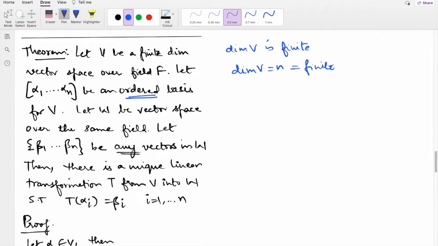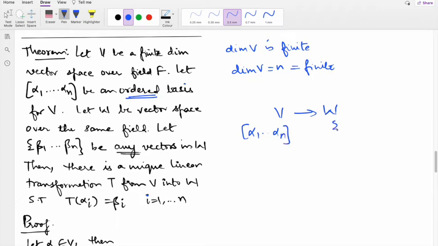Then my claim is that there is a unique linear transformation T which goes from V to W such that T of alpha i is equal to beta i. So what I'm saying here is that V is a vector space and W is a vector space. I have a basis for V, which is alpha 1 to alpha n, an ordered basis, so I'm using square brackets.